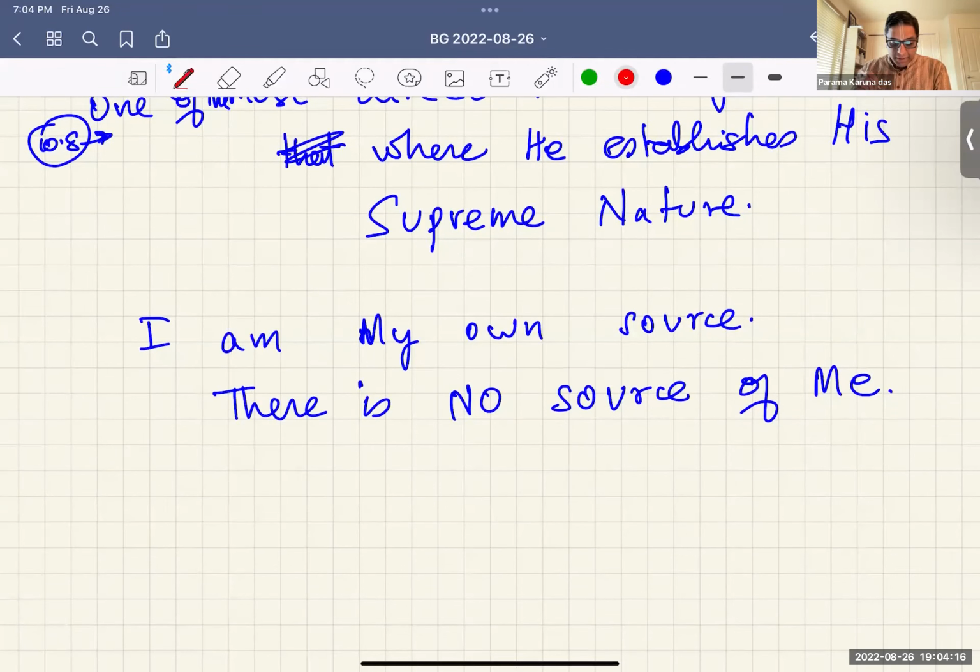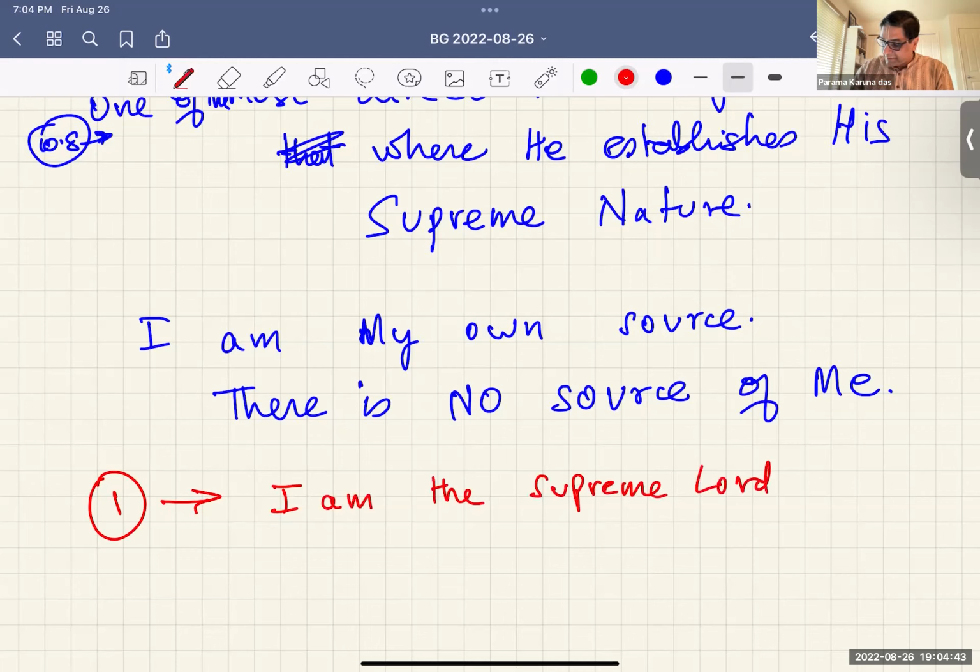Yo mam ajam anadim cha veti loka maheshwaram asammodha cha martyeshu sarva papaihi pramuchayate. So 2 points are being covered in this verse. The first point is that Lord Krishna is saying that I am the Supreme Lord, which means that I have no source.